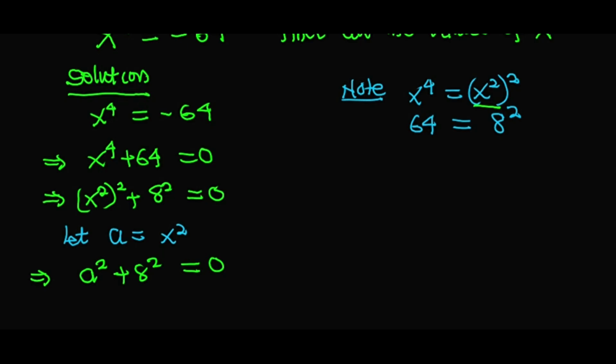Now let's look at this identity. If you have m plus n squared minus 2mn, it's going to give us m squared plus n squared. So we apply this identity.